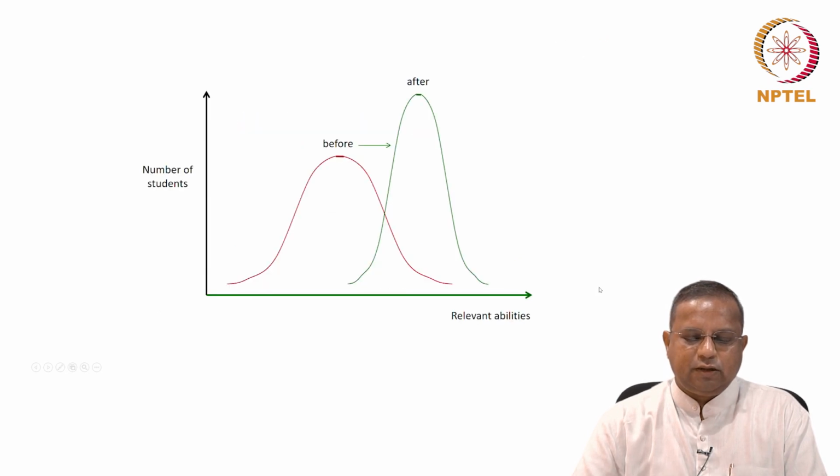And then I talked about going from a distribution like this before the course began to a distribution that is much narrower and taller at the end of the course. This is what we are after. That is for the learning aspect.